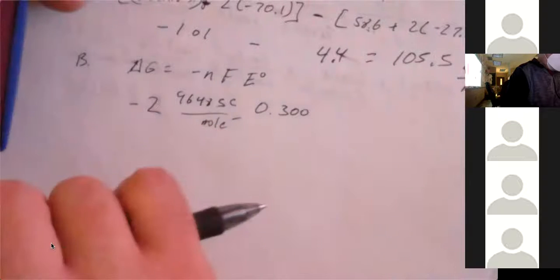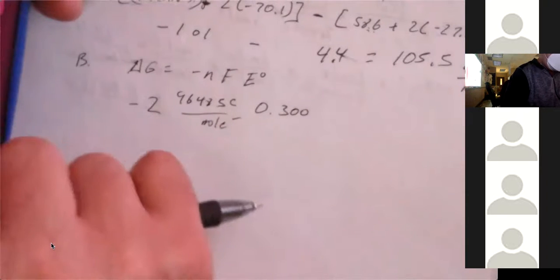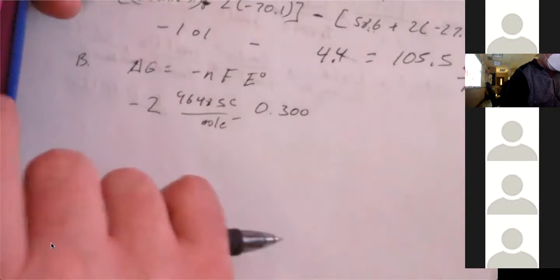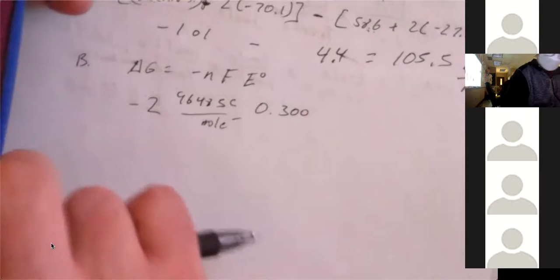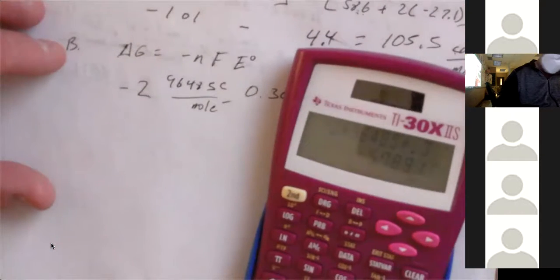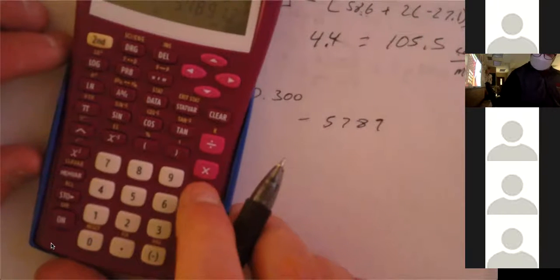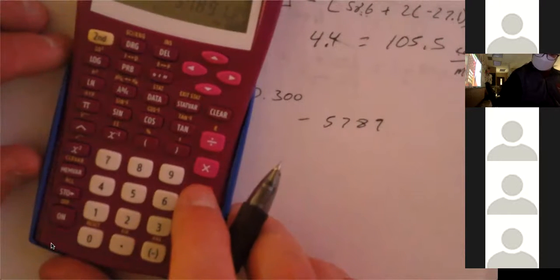So negative 2 times 96,485 times 0.3. And we get negative 57,891. And this is actually going to be joules per mole.